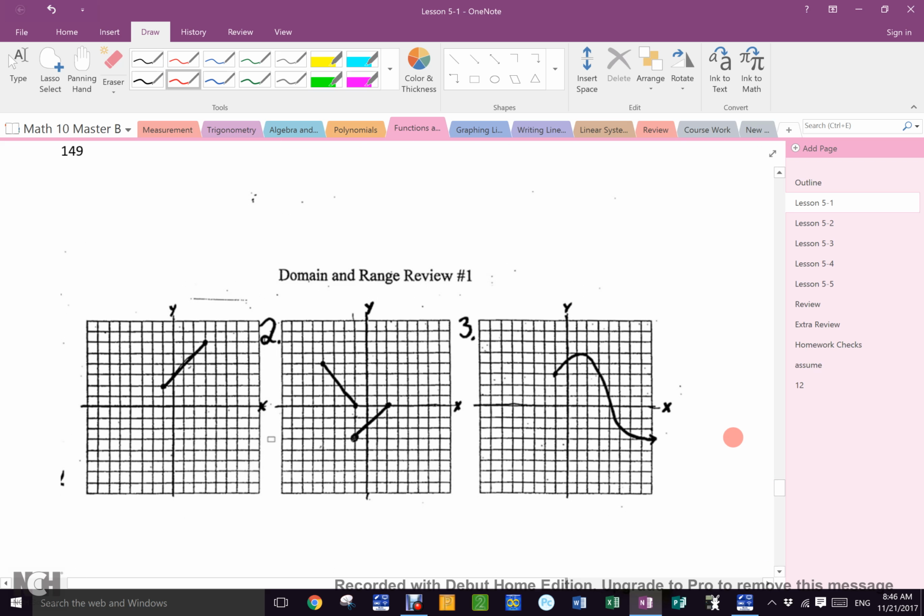Okay? I don't care which ones you do with which. But some of them you're not going to be able to do interval notation with, right? I think all of these are intervalable. No, like you couldn't do interval notation here, could you? Because it's all dots.